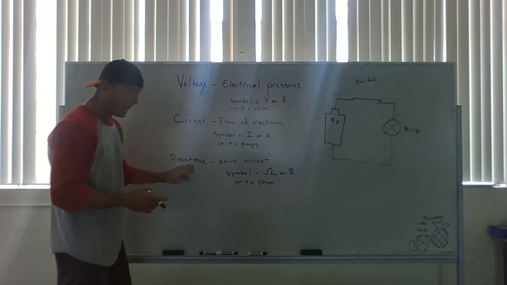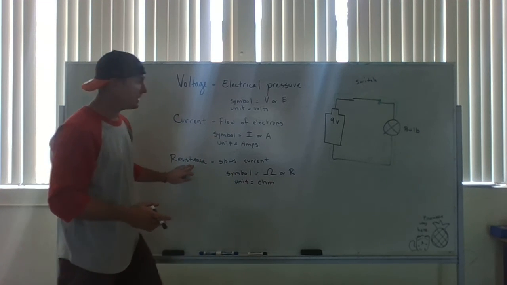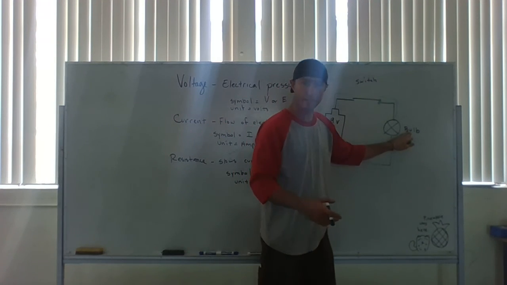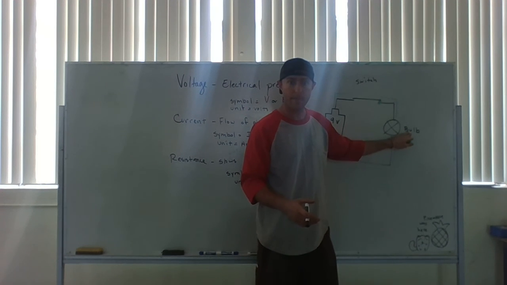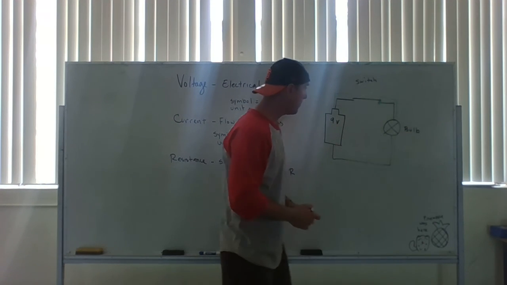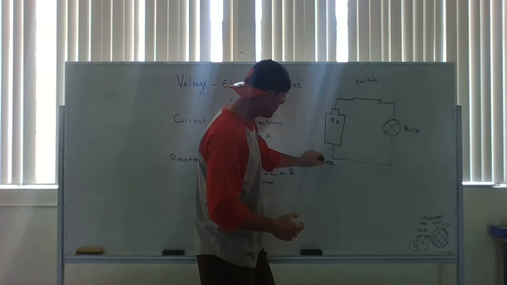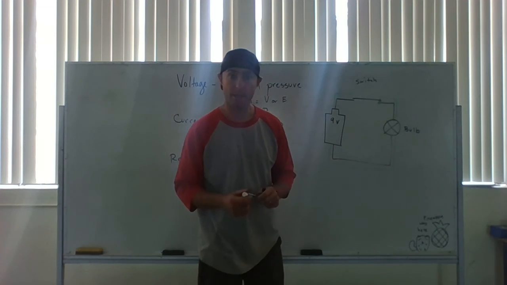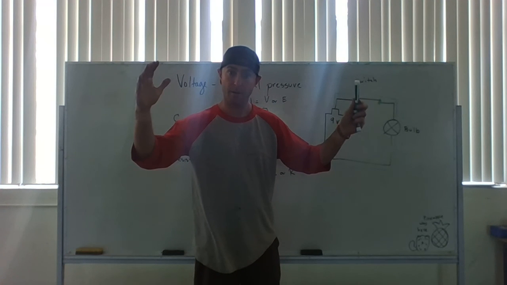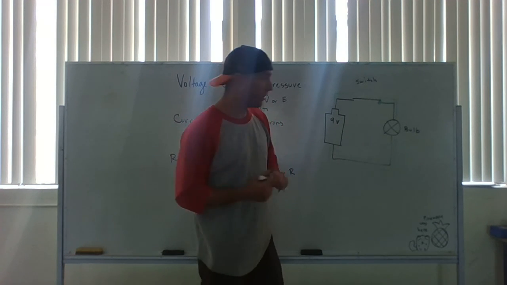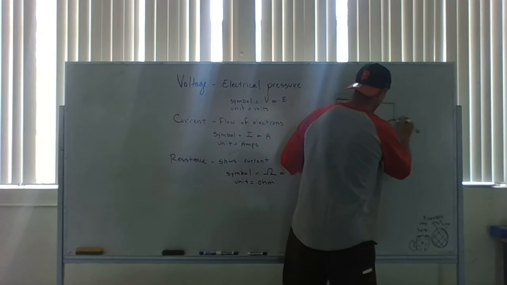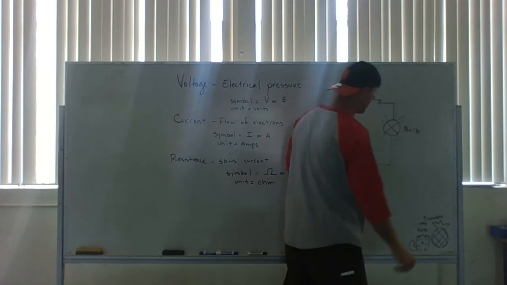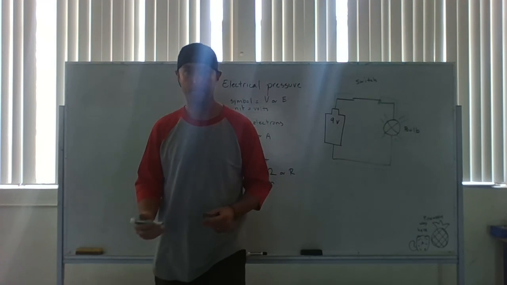My resistance hasn't changed. It's the same light bulb. The resistance is a constant here. Therefore, if I push 9 volts through this, I push more electrons, so we can expect this bulb to be brighter. It's getting more force there, and so it's going to be multiple times brighter than it was previously.